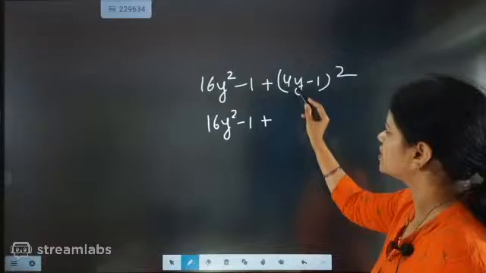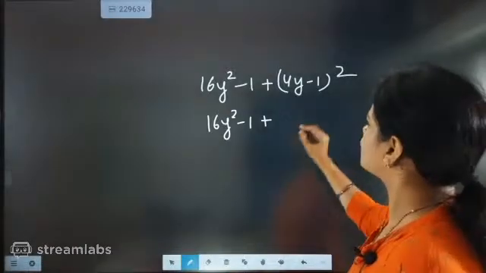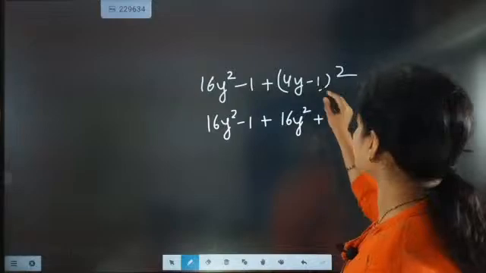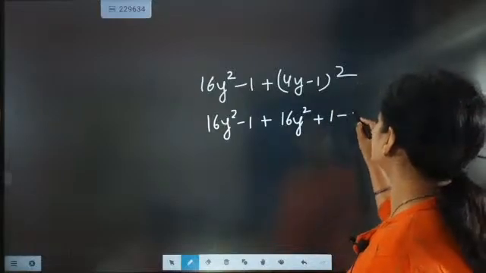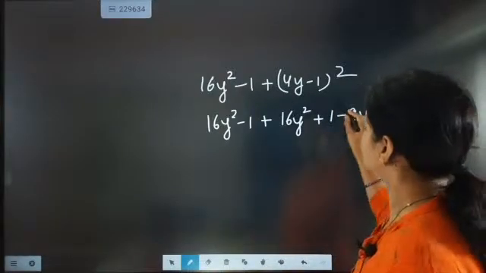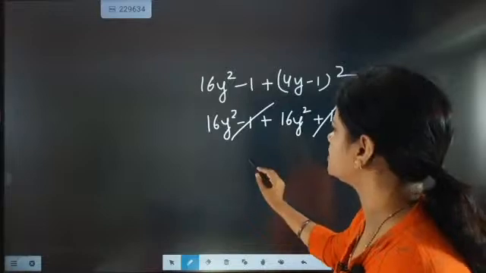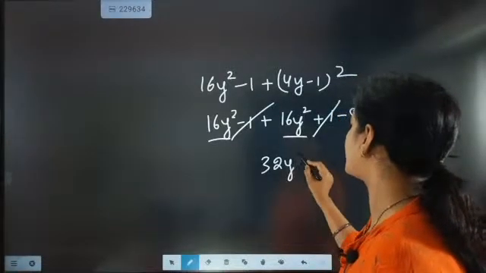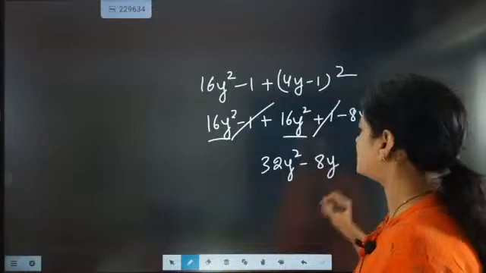This part is (a − b)², so (4y)² means 16y², plus 1, and then minus 2 × 4y is 8y. So plus 1 minus 1 got cancelled. 16y² plus 16y² is 32y² minus 8y.